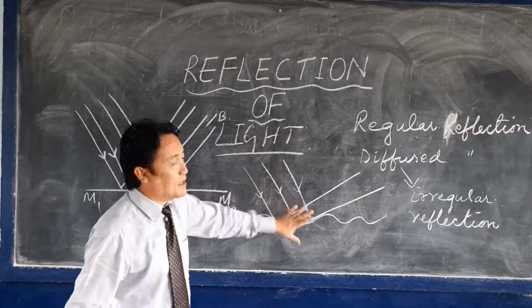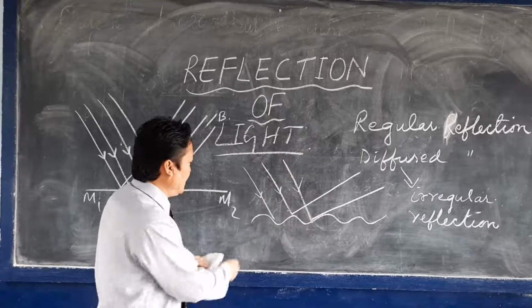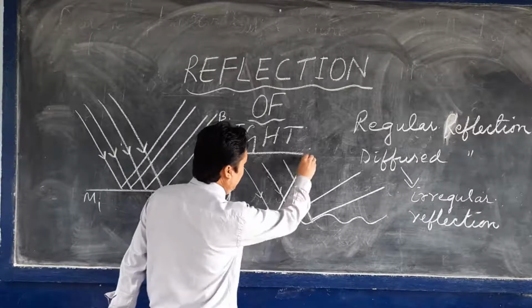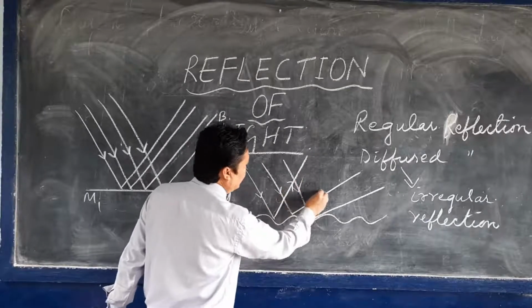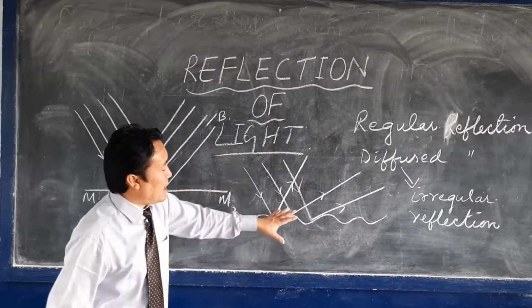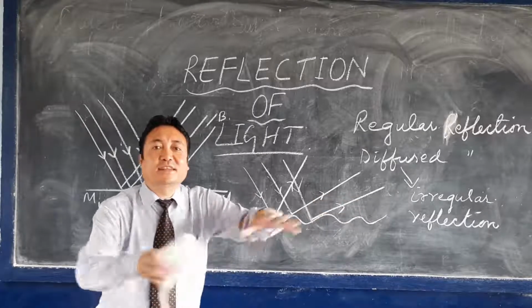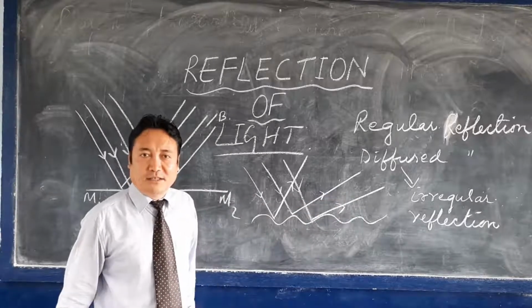They are not reflected back in the same direction. You can see here that they form different angles and get scattered, and you say the rays of light get scattered.